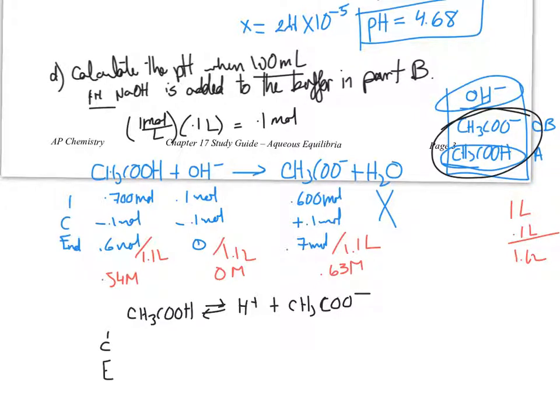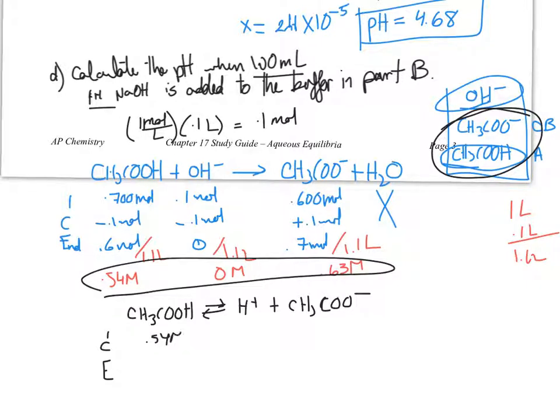Ice chart, and I start with these concentrations. So 0.54 molar, 0.63 molar, minus x, plus x, plus x, 0.54 minus x, x, and 0.63 plus x.